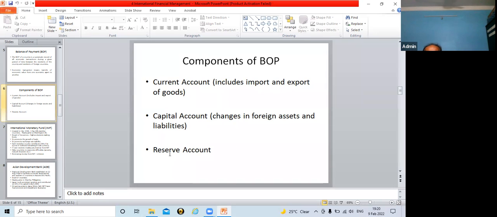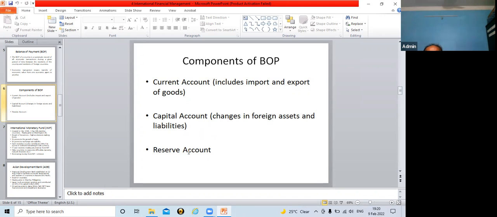And then the third one is the reserve account. This reserve account is basically for whenever there is a deficit in the balance of payment, the gap has to be filled. This gap is filled with the help of the IMF, the International Monetary Fund.